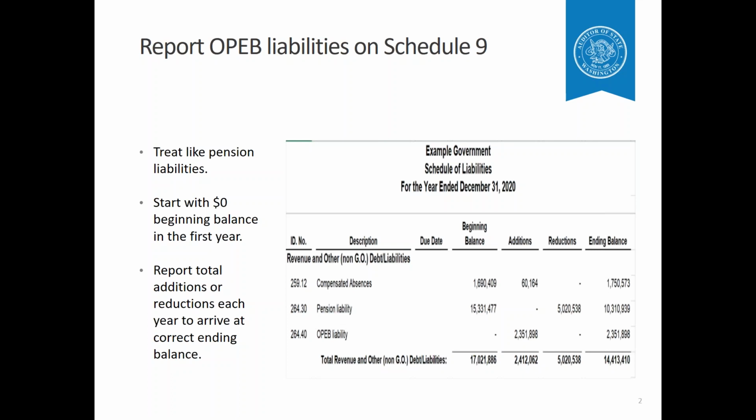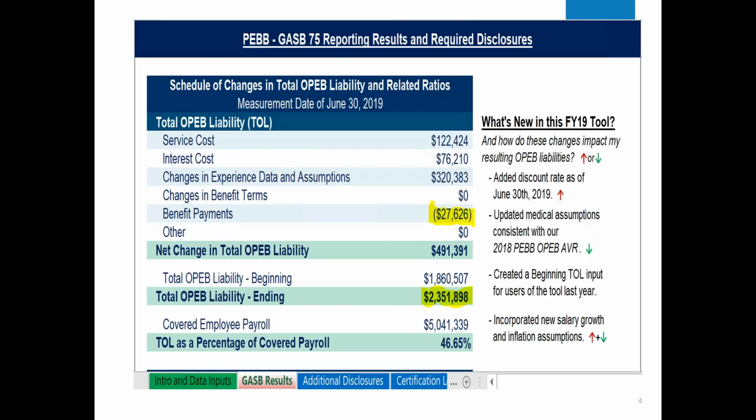One of them is, what actually gets reported on the Schedule 09 from the tool? Okay, well, let's go back and look at the OPEB tool. See, on that line, total OPEB liability ending. And you can see, even though we had a zero beginning balance, it calculated a beginning one. But that's just what the tool does. It backs into one. You don't need to do that the first year or any year, because whatever the beginning one is, it doesn't affect the calculation of the ending.